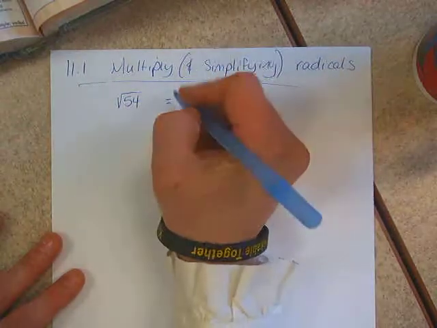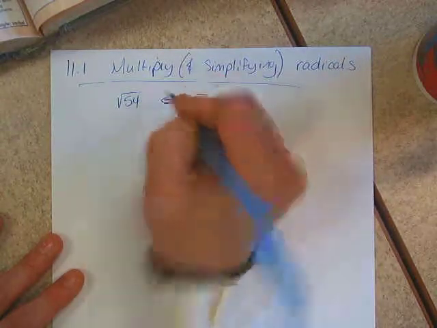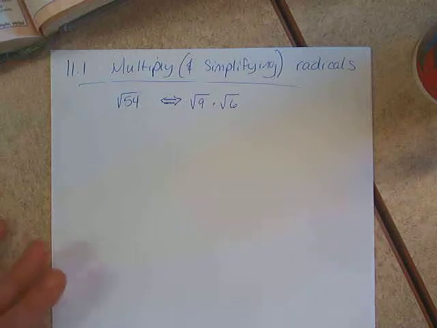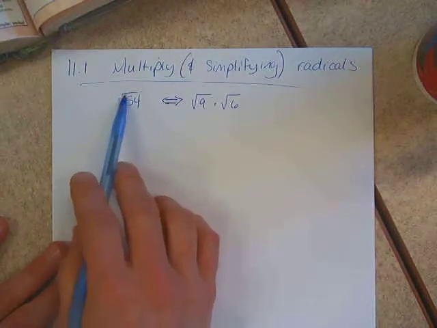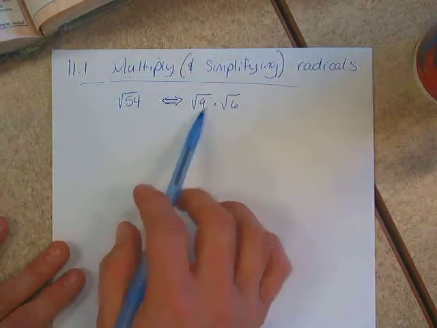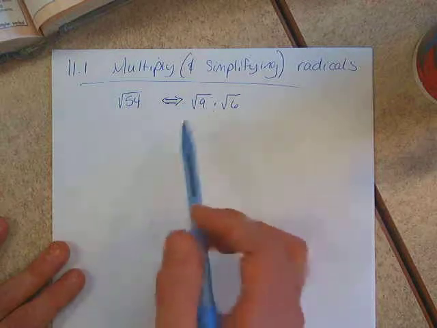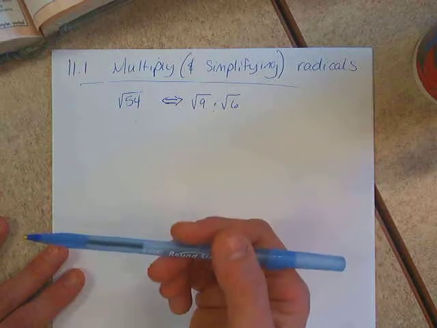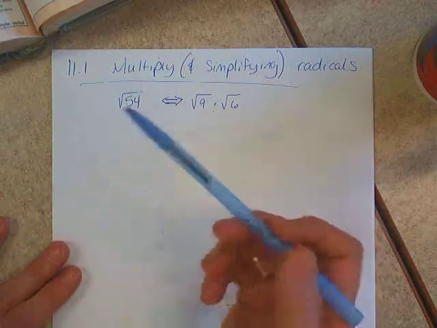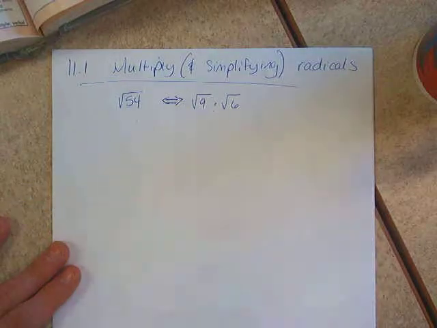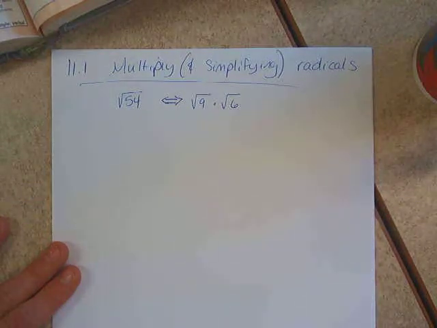So the thing with this is you can actually go back and forth. If we can break one radical down into the product of two radicals, we can also turn around and take the product of two radicals and put those factors under the same radical.